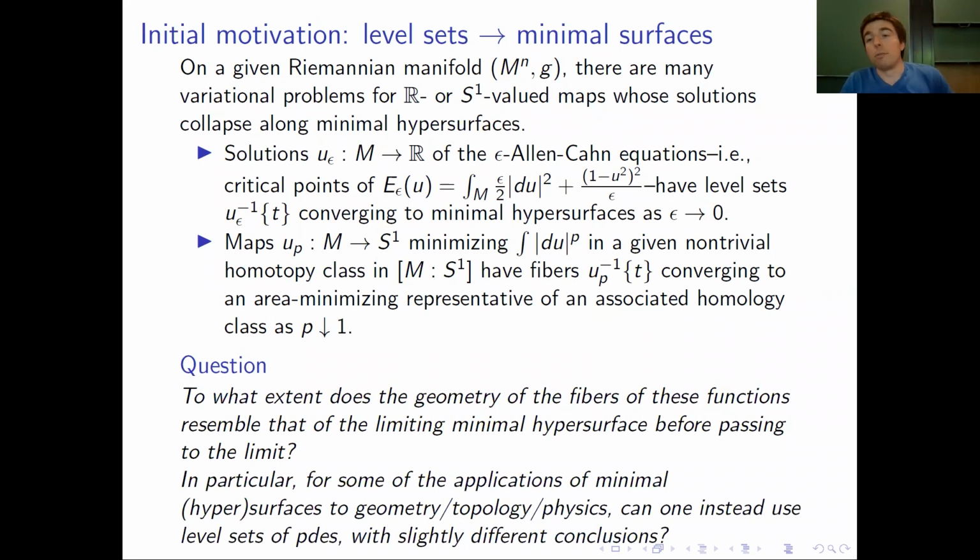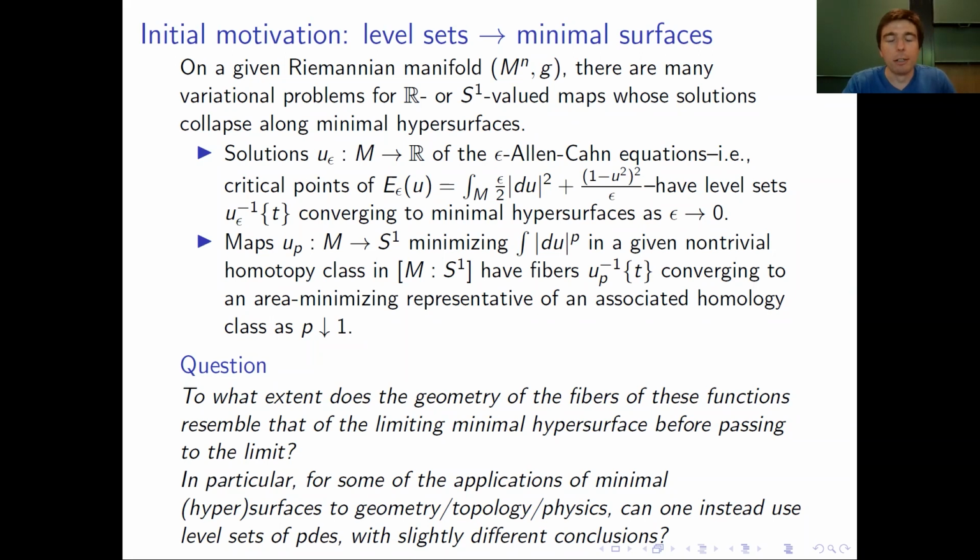In particular, if you can indeed conclude that they resemble minimal hypersurfaces, can you look at the many applications of minimal hypersurfaces to geometry, topology and physics, and take a different approach and get different information by looking at level sets of natural geometric PDEs? So that's the starting point.